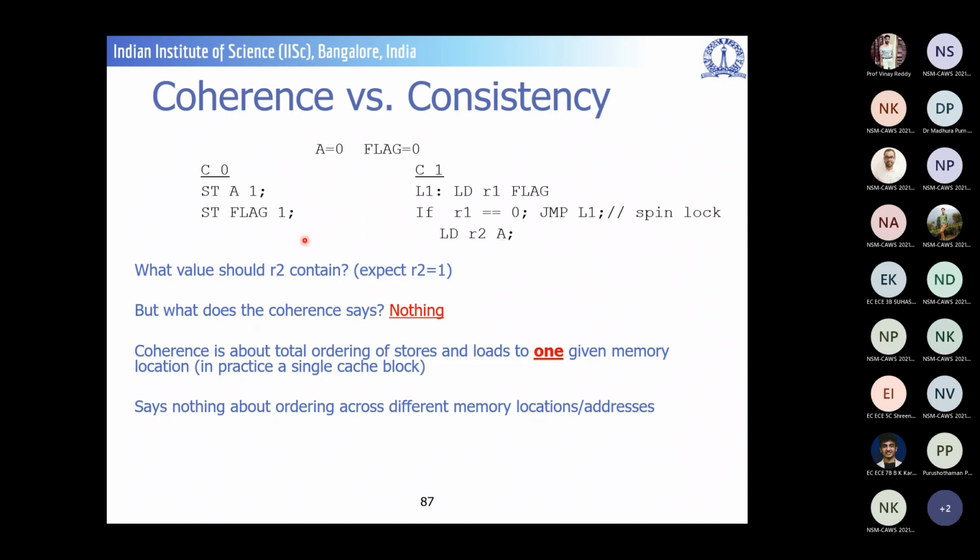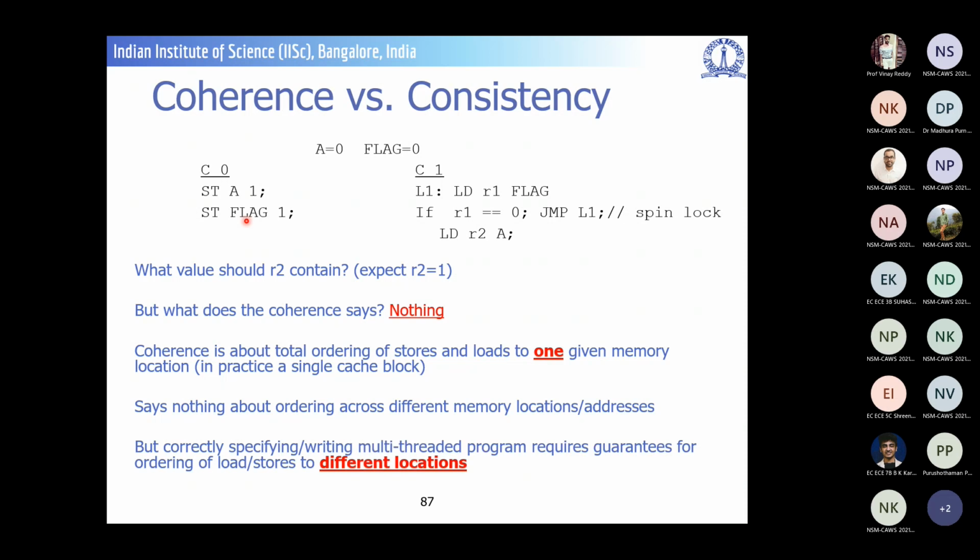Here, although A and flag are different addresses, you are trying to use them together to semantically achieve one thing: you want to wait on the flag before you read the address A.